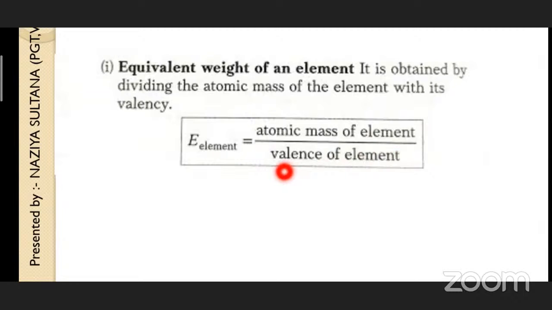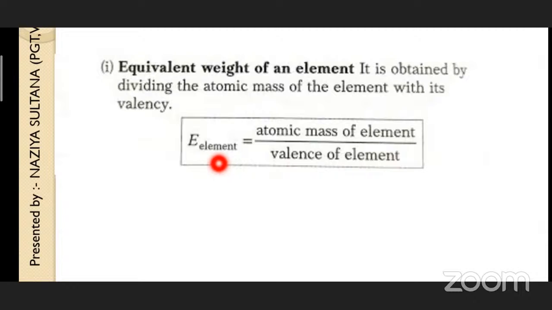So for example, let us see the equivalent weight of sodium. We know that sodium belongs to first A group. So what is the equivalent weight of sodium? 23 by 1, so 23 itself. Whereas magnesium belongs to second group, so the equivalent weight of magnesium is 24 by 2, so it is 12.